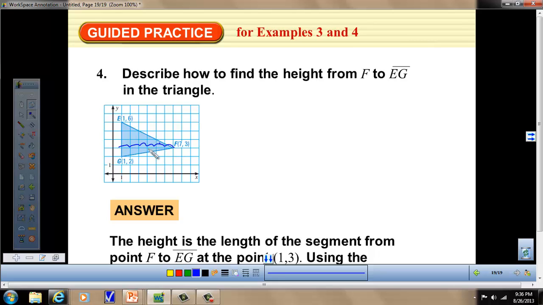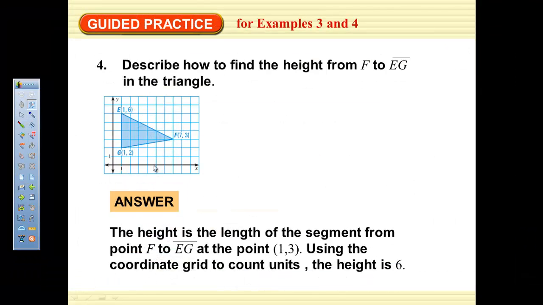I apologize. My eyesight's fading. So we can count, and we get a length of 6. Or what you can do is say this has an x-coordinate of 7. These 2 points have an x-coordinate of 1. Therefore, we would say 7 minus 1 gives us our 6.